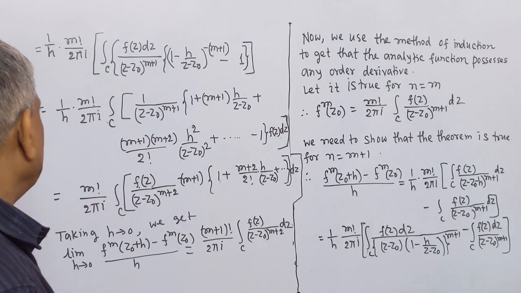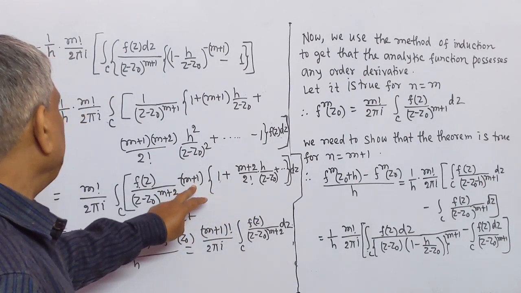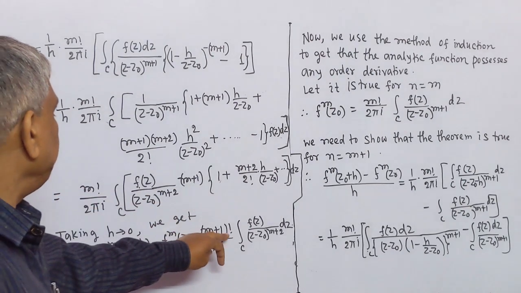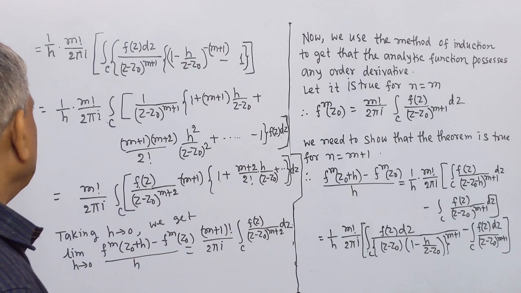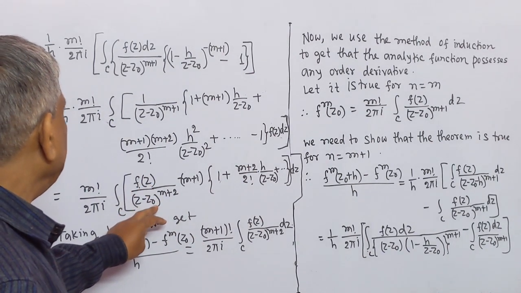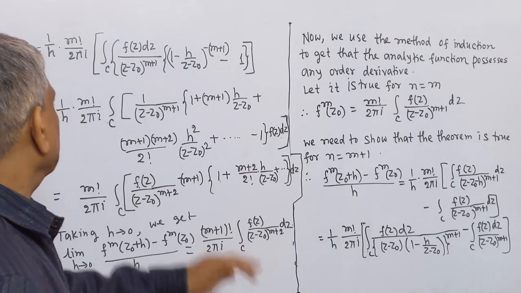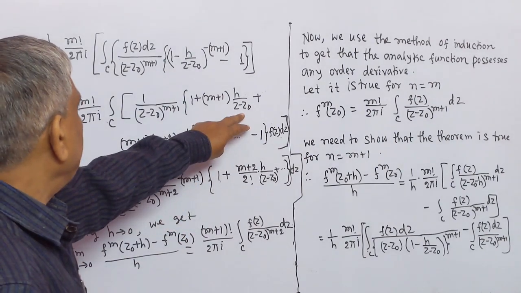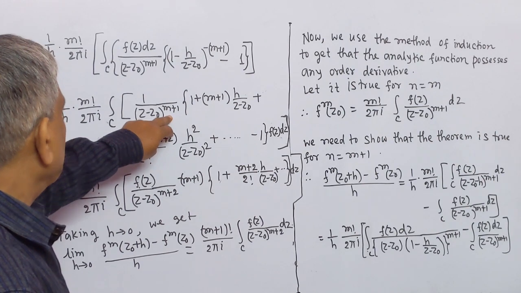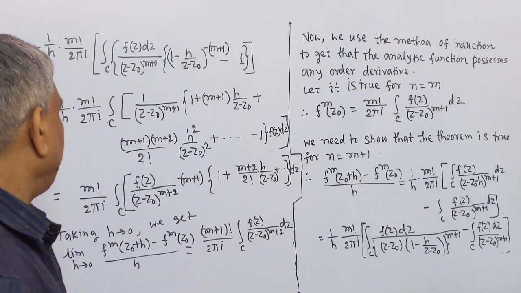Only 1 remains under this bracket. So m plus 1 multiplied by factorial m, that is factorial m plus 1, and here 2 pi i, f(z) by (z minus z0) to the power m plus 2, because we have taken common z minus z0.